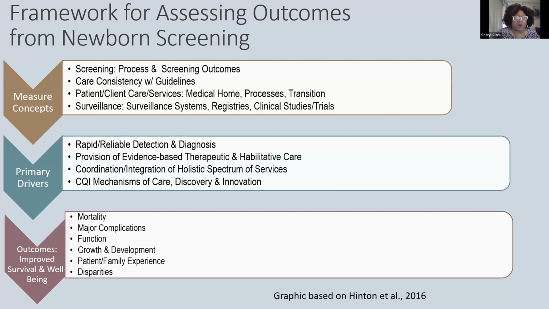And then also CQI, which is continuous quality improvement of the mechanisms of care discovery and innovation. And of course, everyone's hoping that all this leads to improved survival and well-being in the form of reduced mortality, mitigation or reduction in major complications, improved functioning or optimization of functions, growth and development, and then also incorporating the patient and family experiences, and then the mitigation or reduction of disparities.